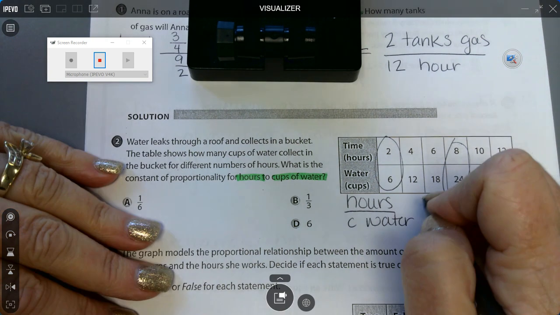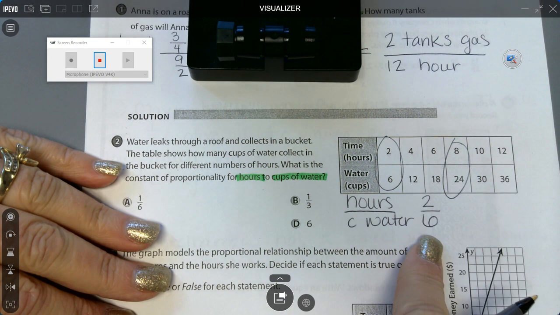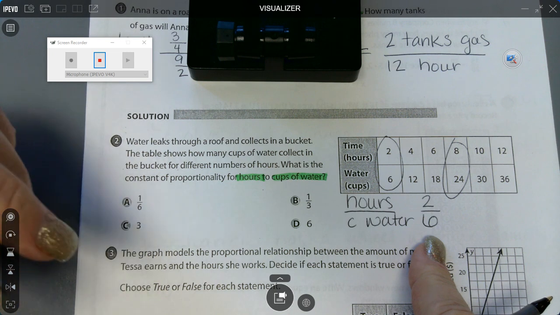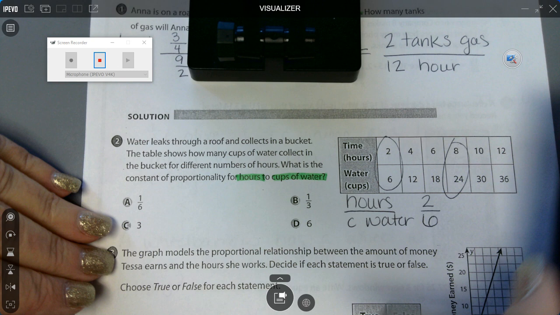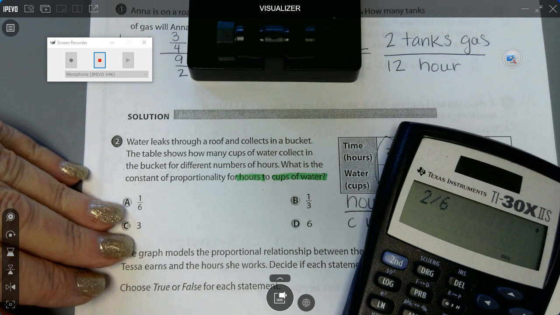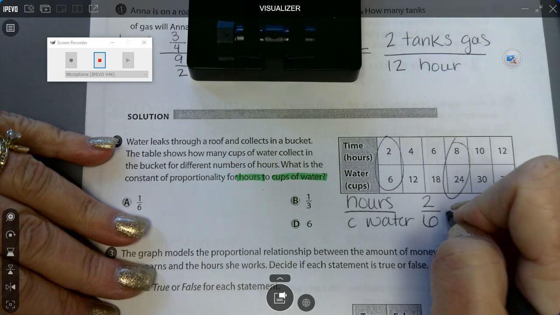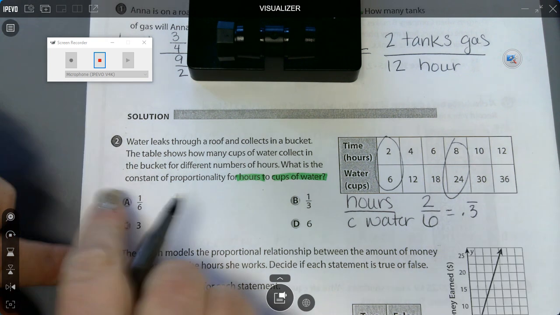So 2/6. Now, how do you guys find the constant of proportionality? Right, we would divide. So 2 divided by 6 comes out to be 0.3 repeating? But there's no decimals over here.